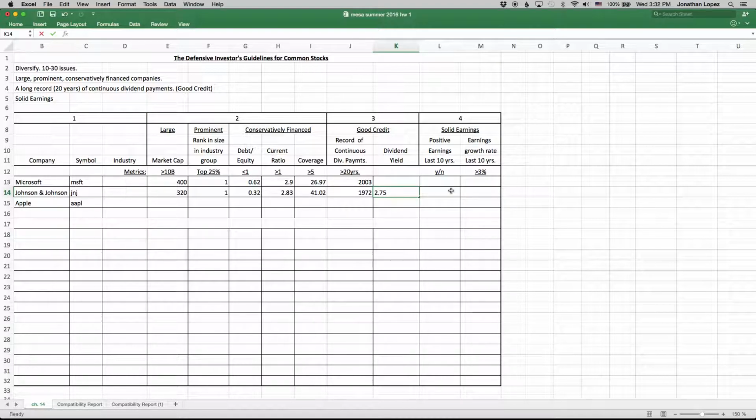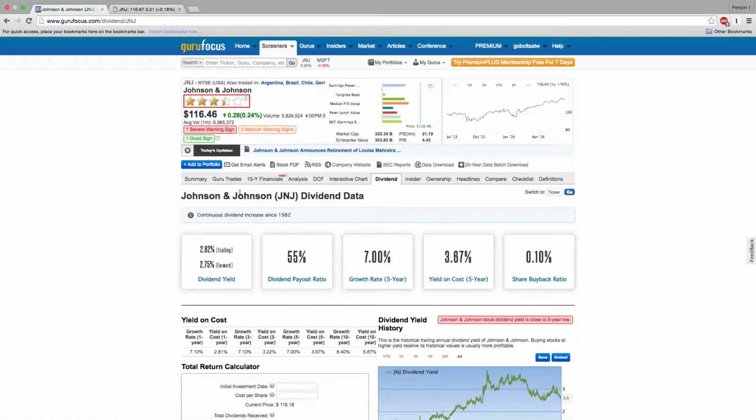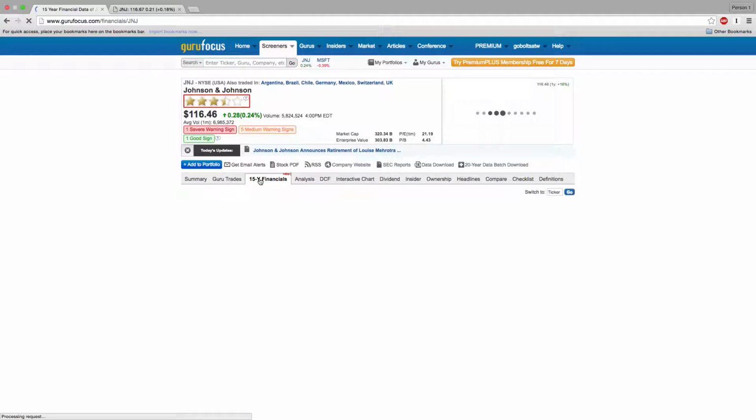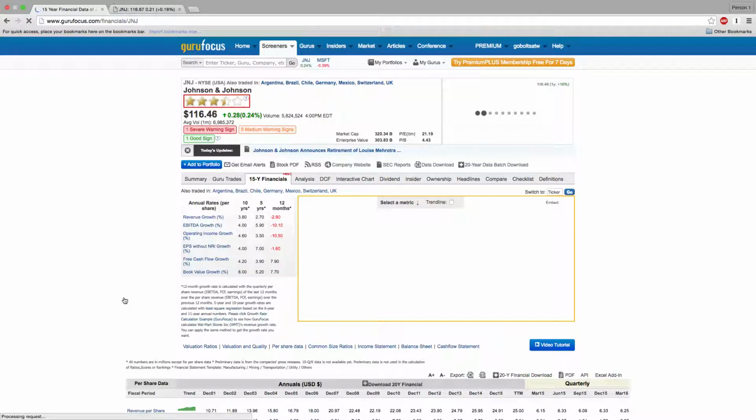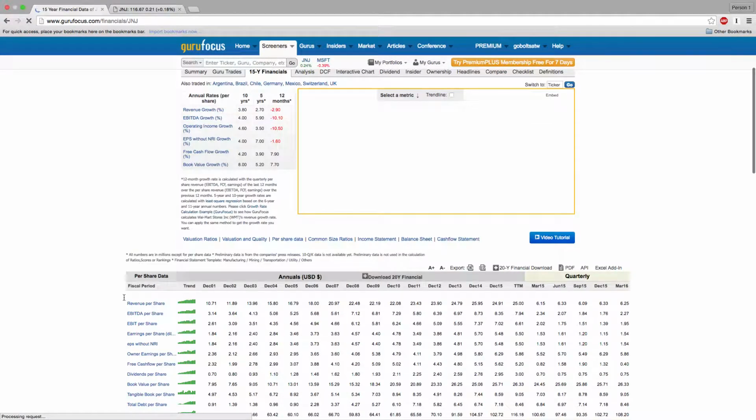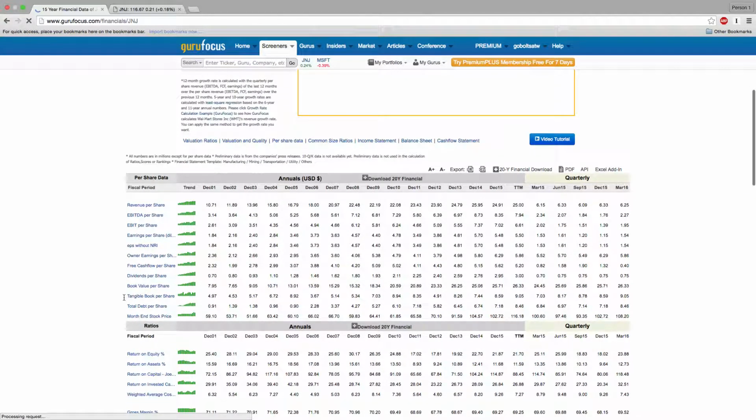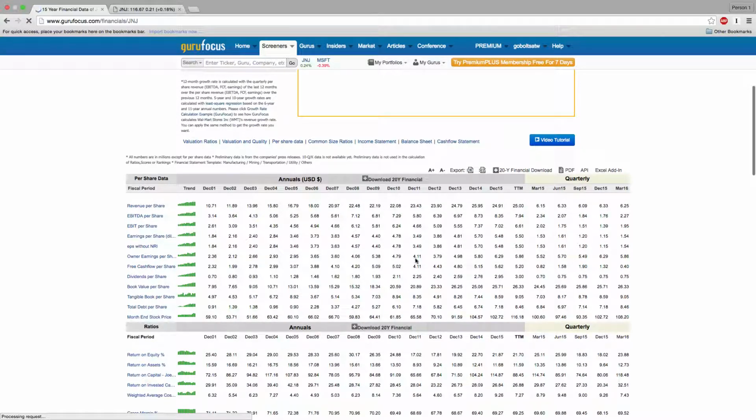And let's check out their earnings, if they have positive earnings in the last 10 years. Go to Guru Focus again, 15-year financials. Now, if you don't pay the subscription for Guru Focus, this part will be grayed out. But what we're looking at is to see if we have positive earnings in each of the last 10 years, which we do.